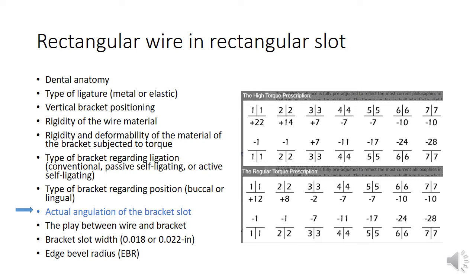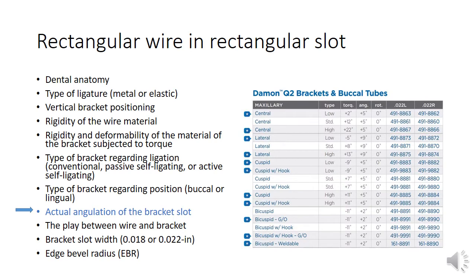You can see 2 of these prescriptions here, the high and regular ones. Also, the Ormco company, which makes the Damon brackets, has 3 different prescriptions. As you can see, these are low, standard, and high.